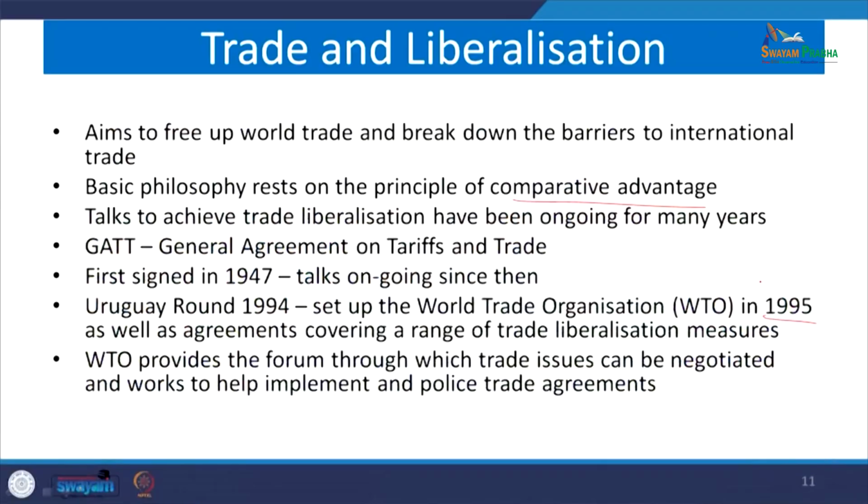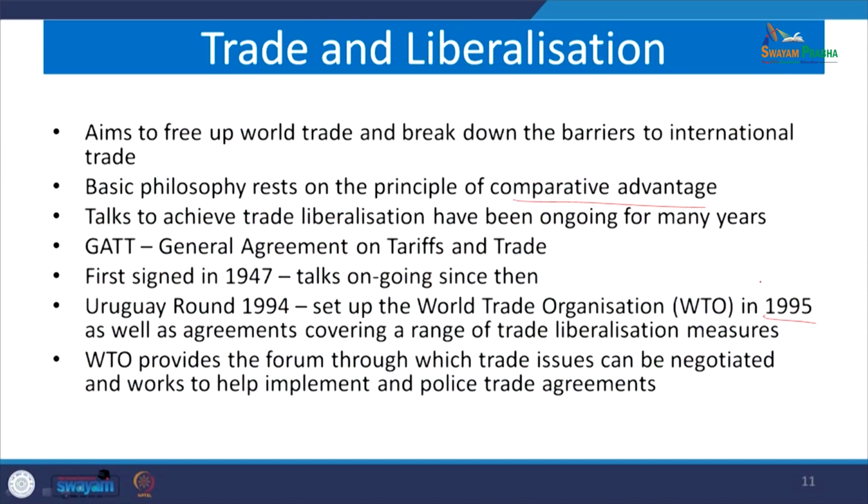The discussion started in 1994 in the Uruguay round. The Uruguay round initiated this discussion in 1994, which gave birth to the formation of the institution called the WTO in 1995, and which has actually been the first most step in facilitating trade and minimizing the barriers.